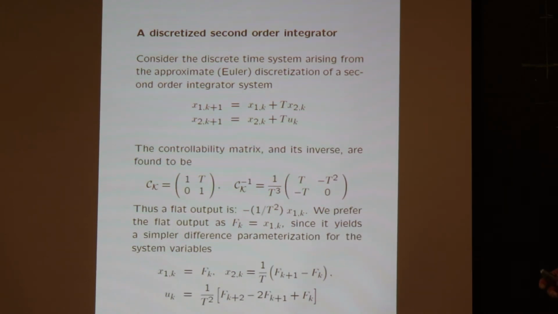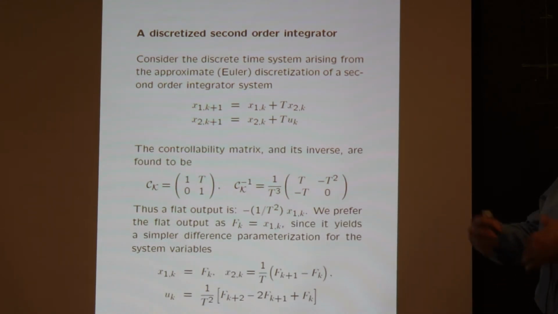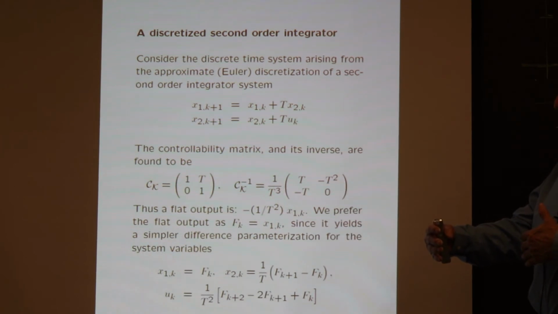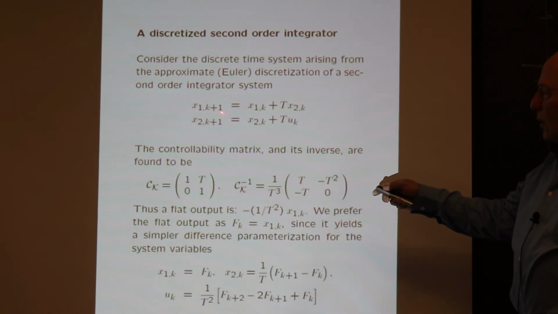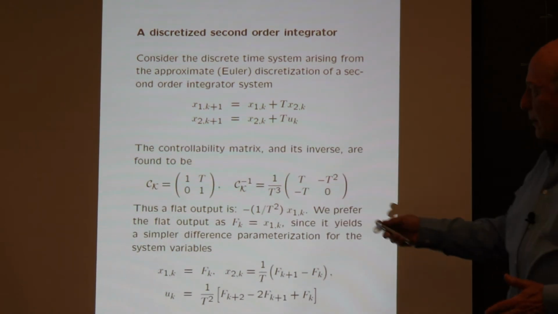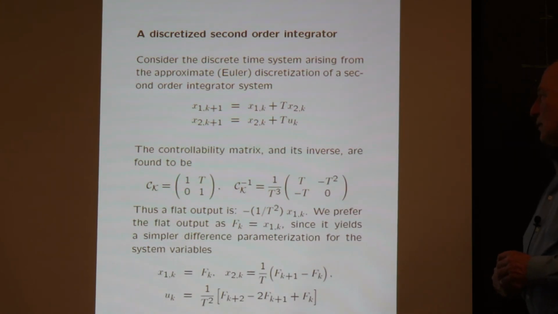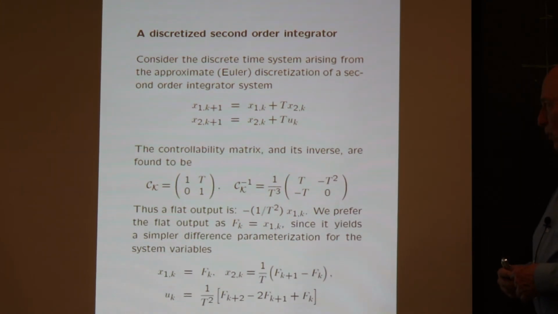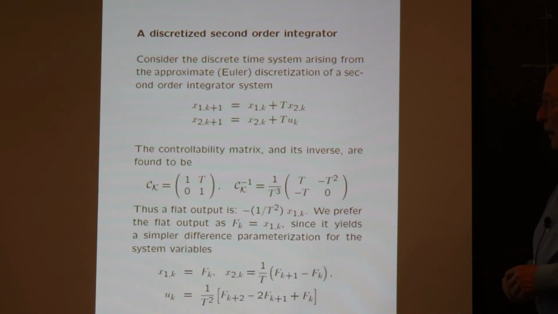So consider you have a discrete time system which arises from an Euler discretization with a time interval of value 1. Since the clock evolves in an integer manner from 0, 1, 2, 3, etc., we just adopt the integers as the evolution line.